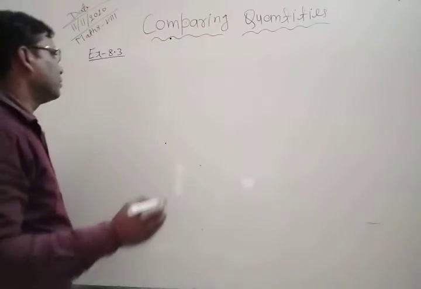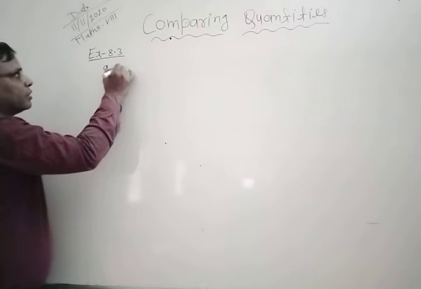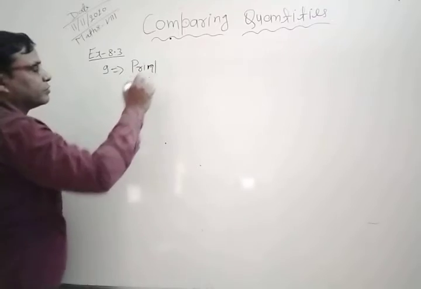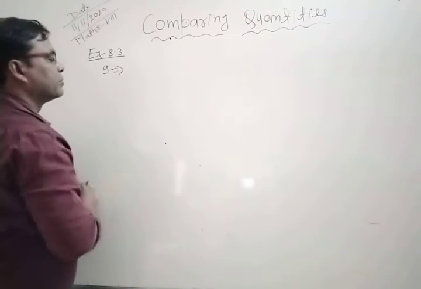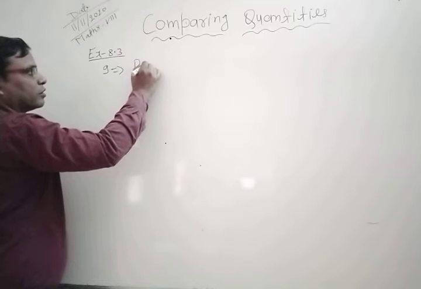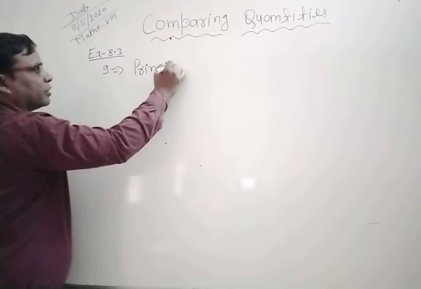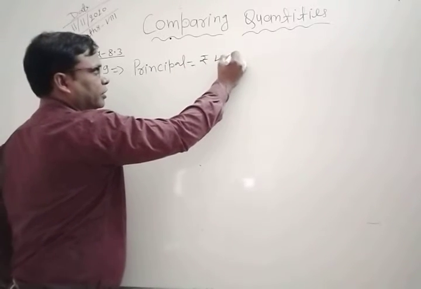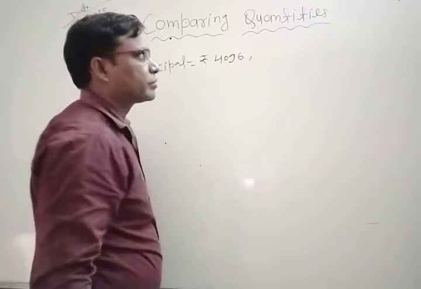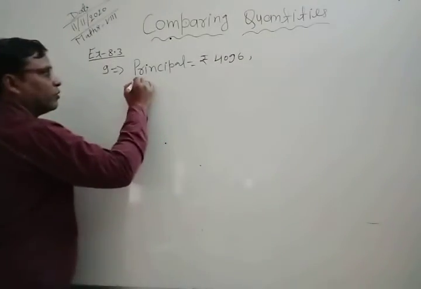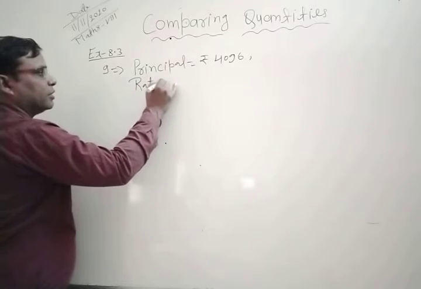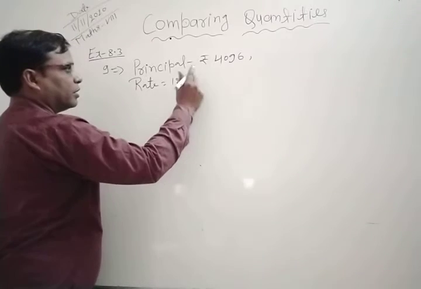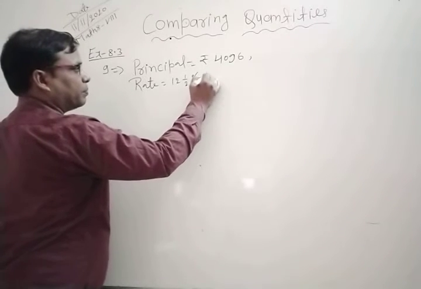So the principal given in question number 9 is rupees 4096. The rate given here is 12.5 percent per annum.